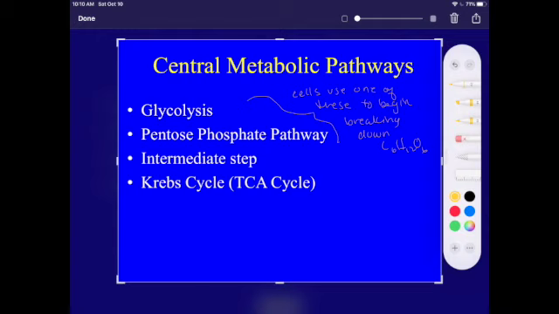They get broken down partially, and then if cells are going to do respiration, they'll go through what's called an intermediate step, and then they'll do the Krebs, or really the citric acid cycle, tricarboxylic acid cycle. Let's call this the citric acid cycle, or the CAC.